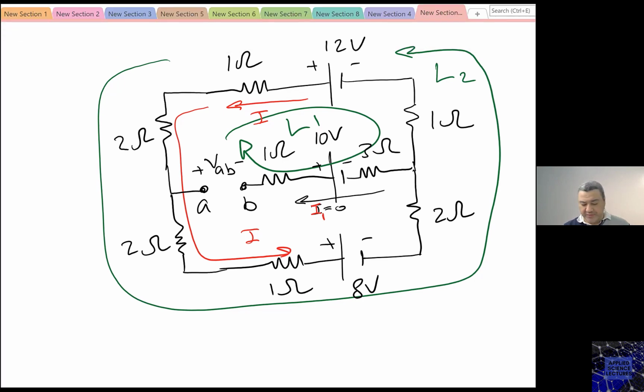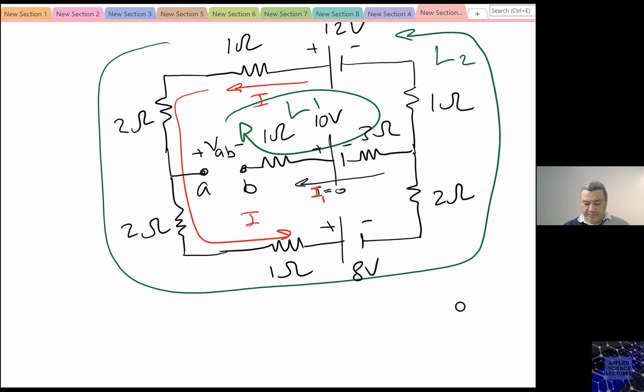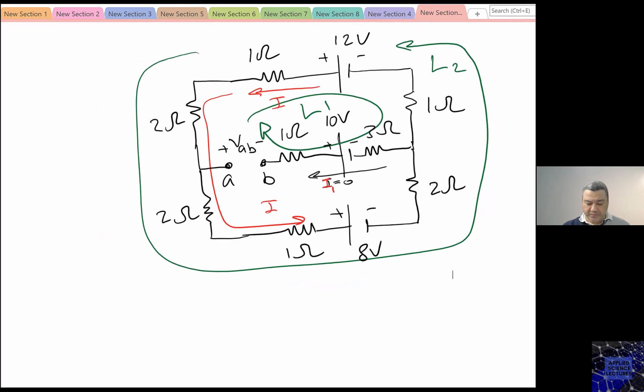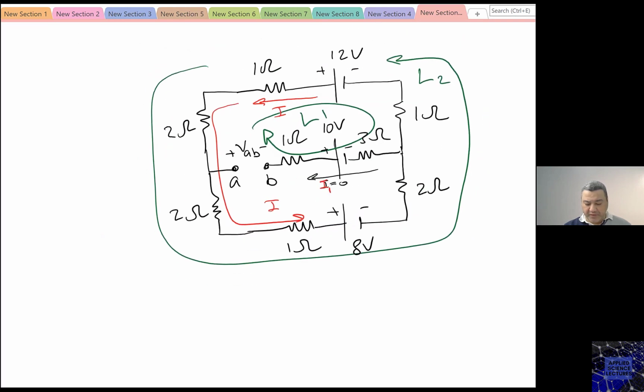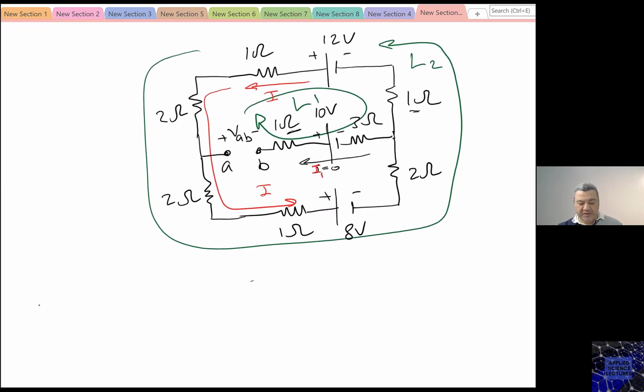and then I write the KVL here. Okay, so let's start first with loop number 2, because in loop number 2 I have only one variable, which is the I. So I will say KVL at L2, and in this case I have L2 going in the same direction as I, which means the resistors here will be written as minus.